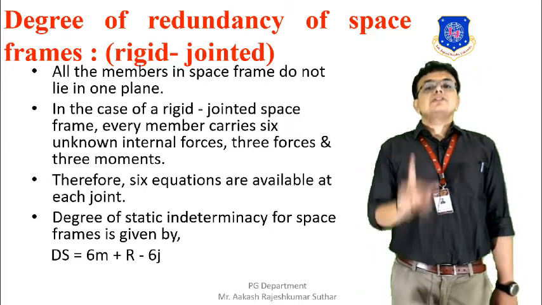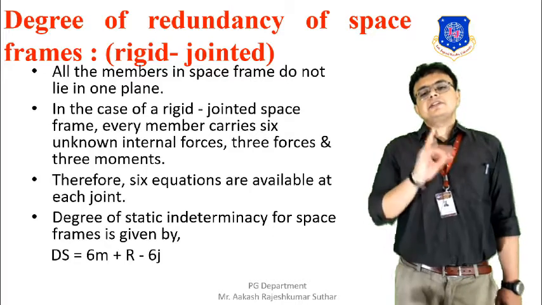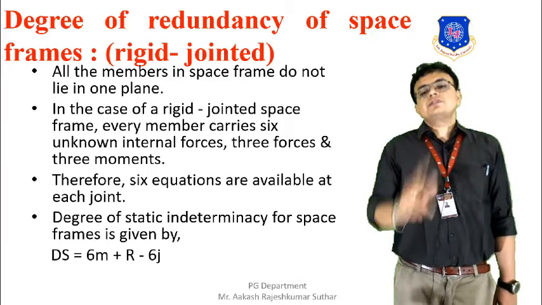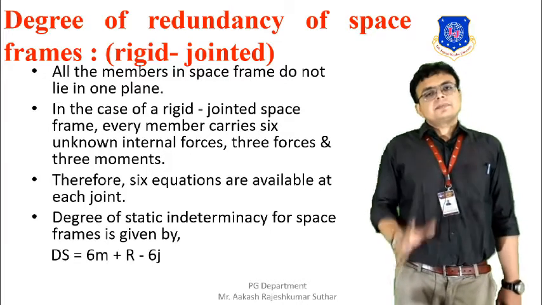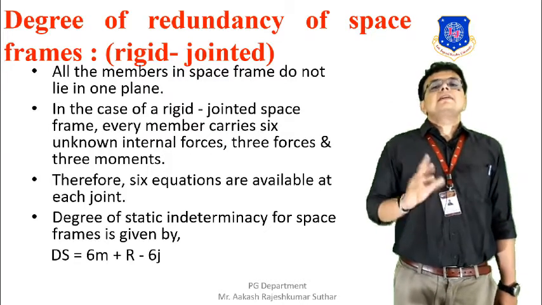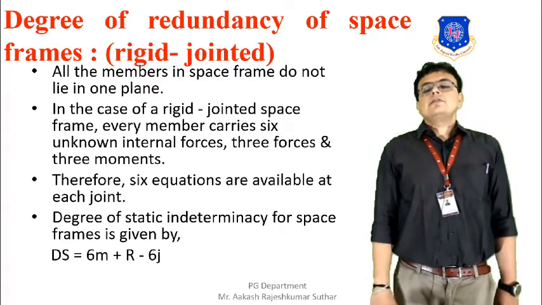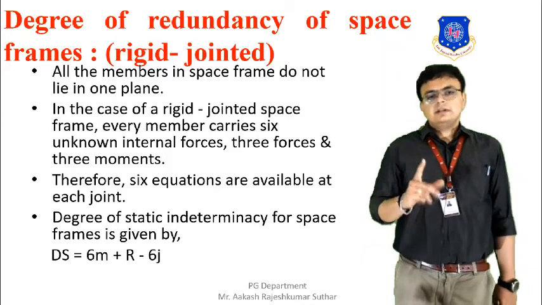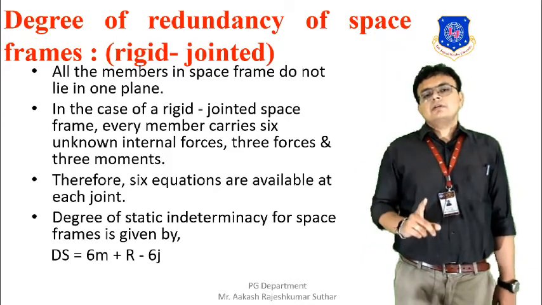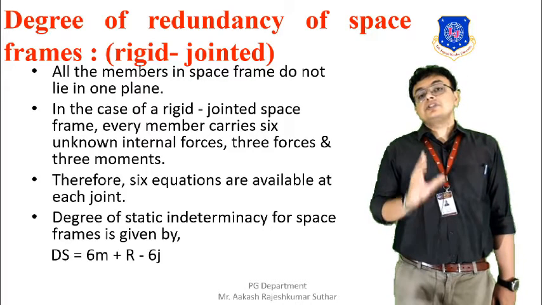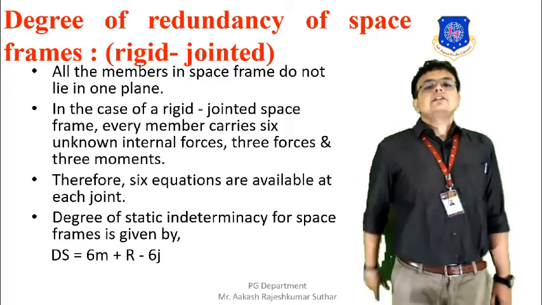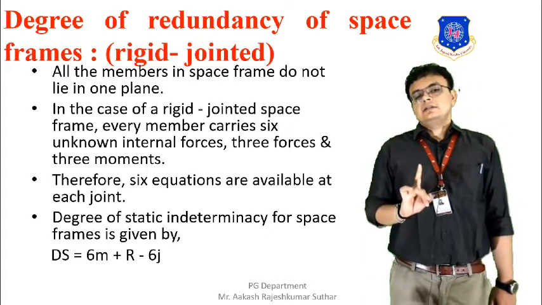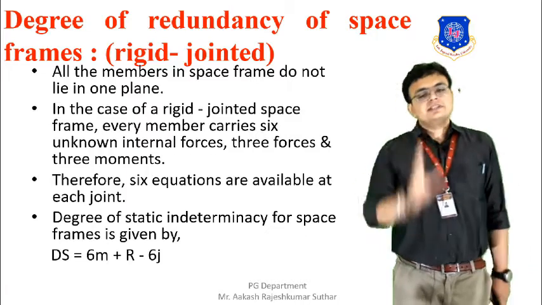So in the case of a rigidly jointed space frame, every member carries 6 unknown internal forces, that is 3 forces and 3 moments. Therefore, 6 equations of equilibrium are available for a space frame, and at each joint there will be 6 conditions of equilibrium.